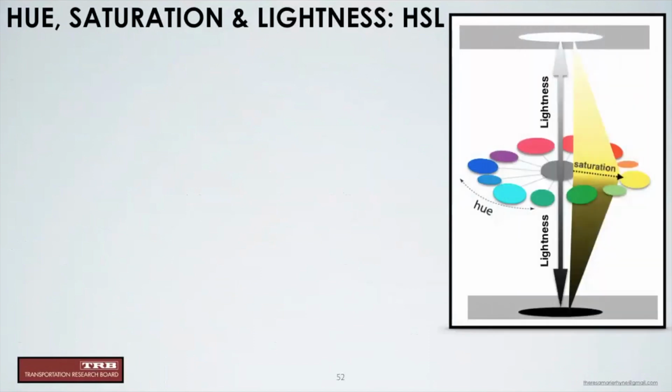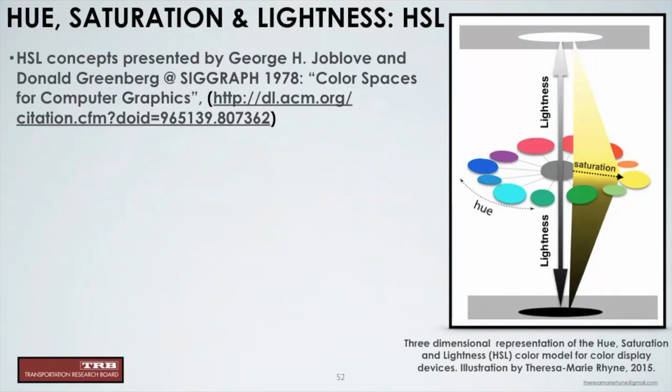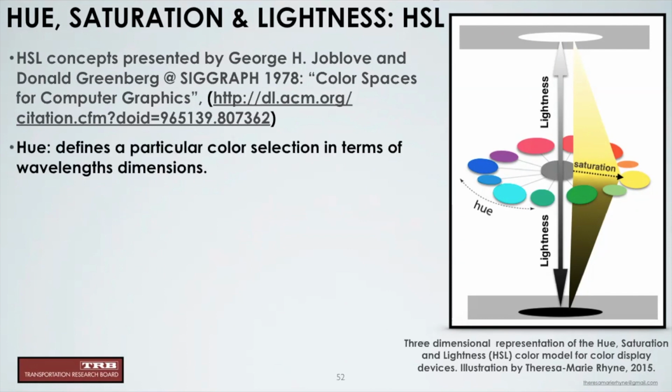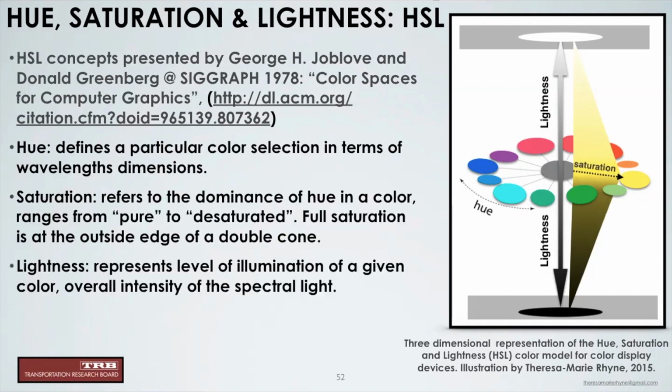Other trivia. In the same year, at the same conference, Tom Greenberg and George Joblove came up with hue, saturation, and lightness. So this was two codes on top of each other. Now, why do you care? Because if you're doing web page colors, does anybody do web page colors? You want to get more color capability.